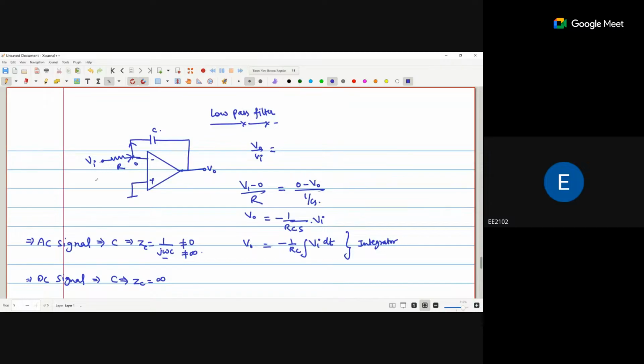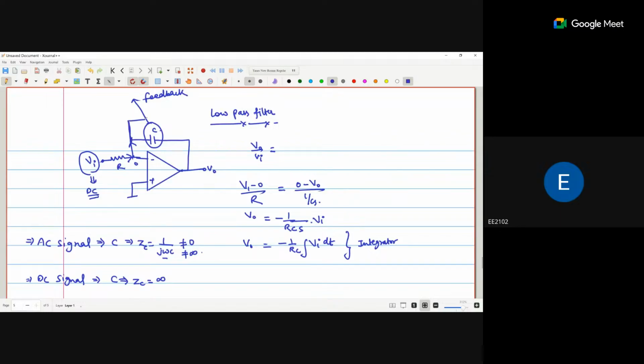So the problem with the DC signal is that if my Vi input is a DC signal, then this capacitor is not useful for the feedback. So what should we do?